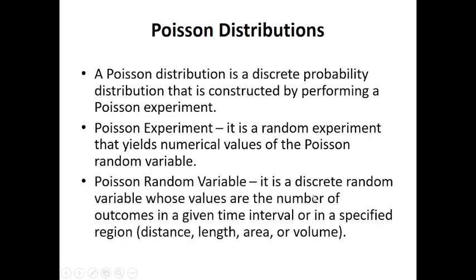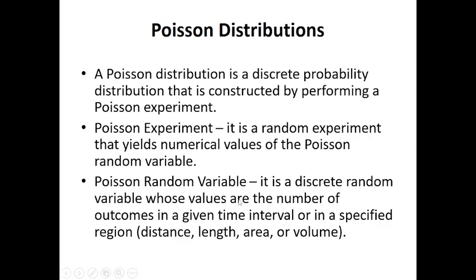When we talk about a Poisson random variable, as I said earlier, it is a discrete random variable whose values are the number of outcomes in a given time interval or in a specified region, such as distance, length, area, or volume.